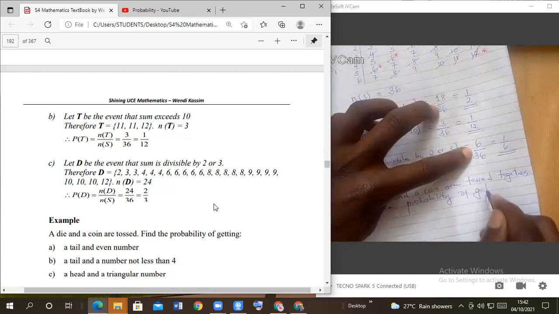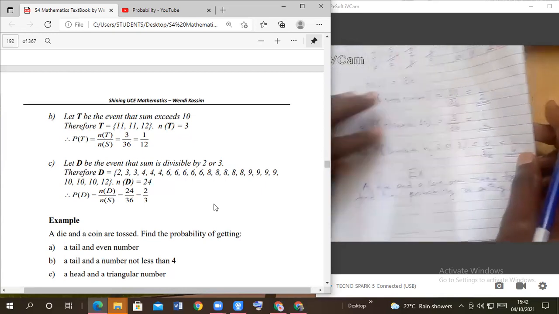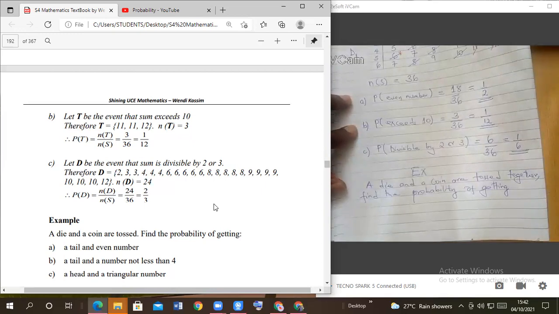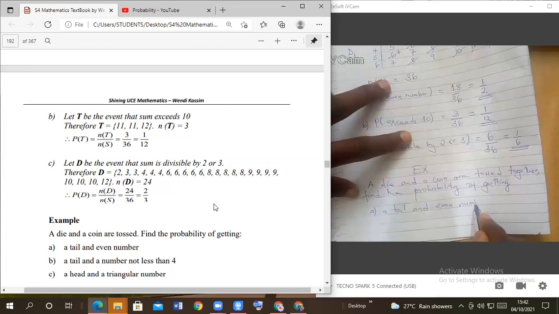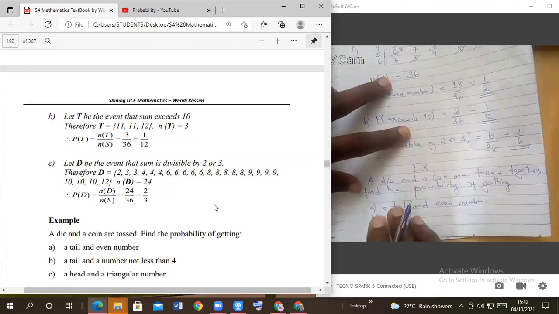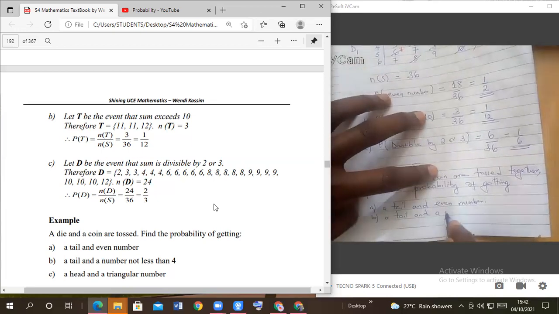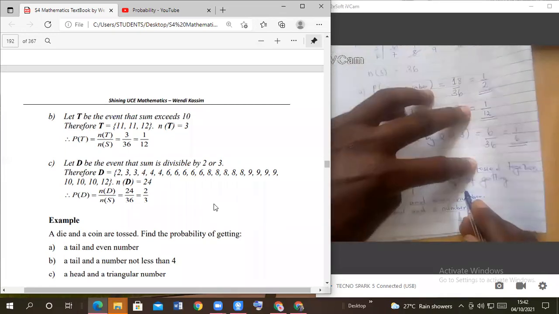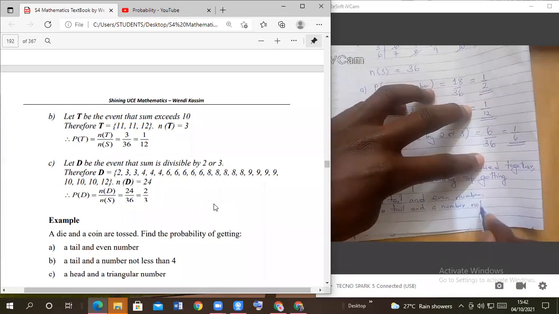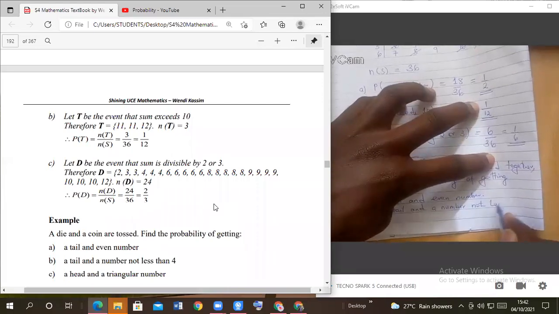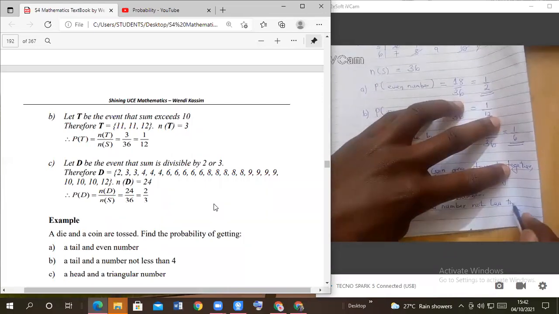Find the probability of getting A, a tail and an even number. B, a tail and a number not less than 4.